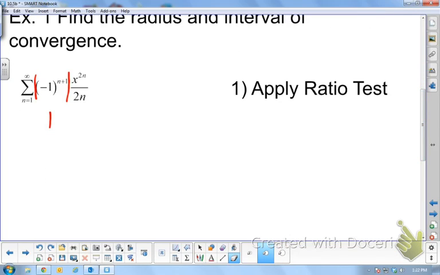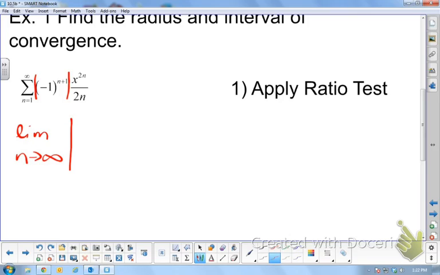So with the ratio test, we still have a limit out front. Limit as n approaches infinity. Everywhere we see n, what do we replace it with? N plus 1.